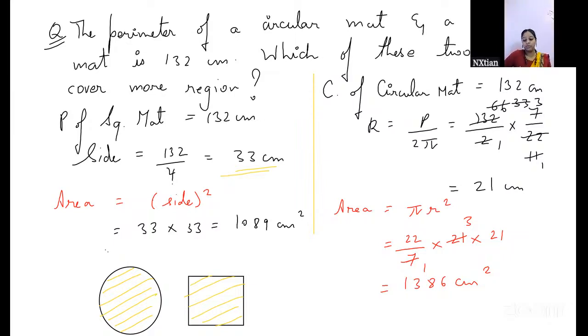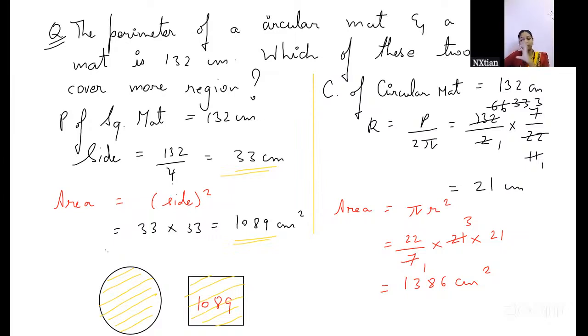Now the area of the square is side square, meaning side into side. That's the formula. So we did 33 into 33 and got 1089 centimeter square. For the square mat, it's covering this much area.